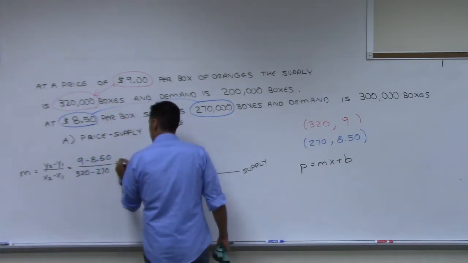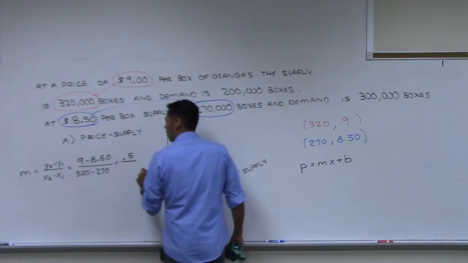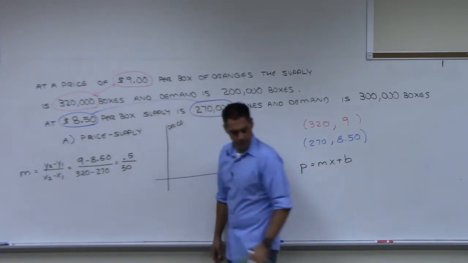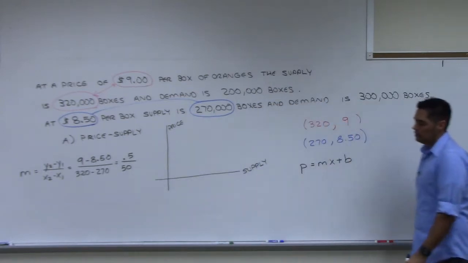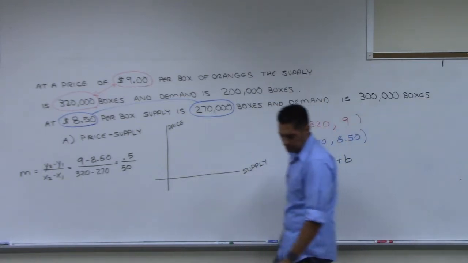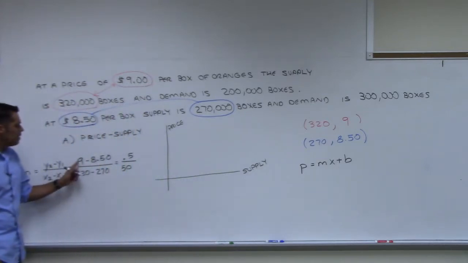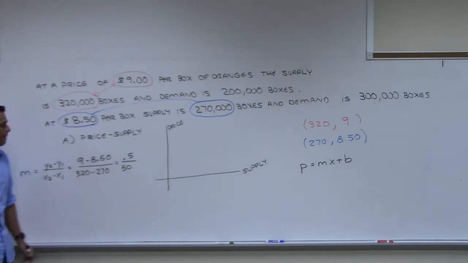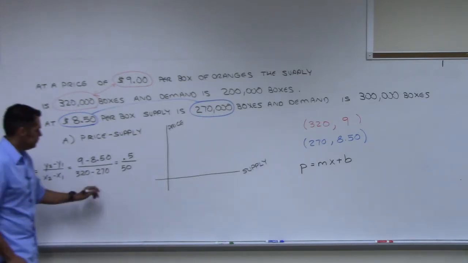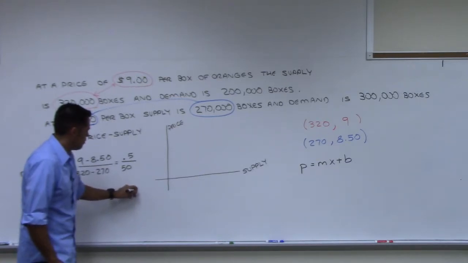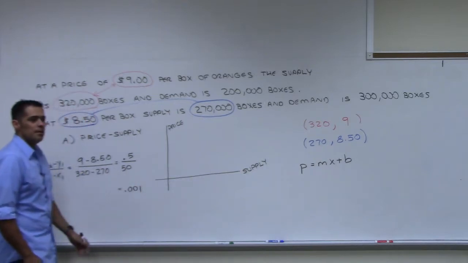And you should get 0.5 over 50. And what's 0.5 over 50? If you need to, you get a calculator out. What is it, 0.01. That's your slope.